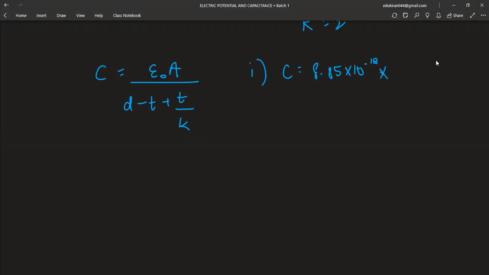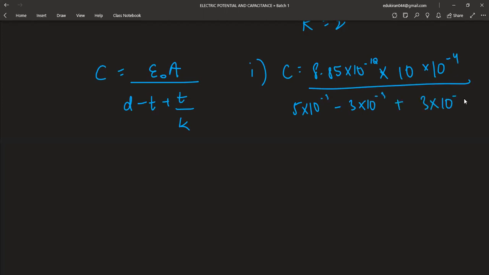Area was 10 into 10 to the power minus 4 divided by D, which is 5 into 10 to the power minus 3, minus T, which is 3 millimeters, plus 3 millimeters by 2. Whatever answer you get, you can calculate it from here. For the second part, voltage is given as 100 volt. So you can calculate the charge by Q is equal to CV.